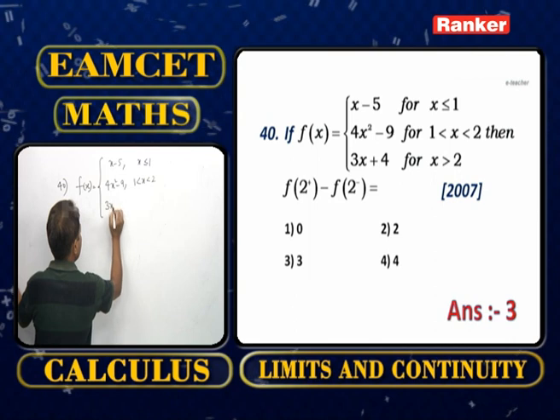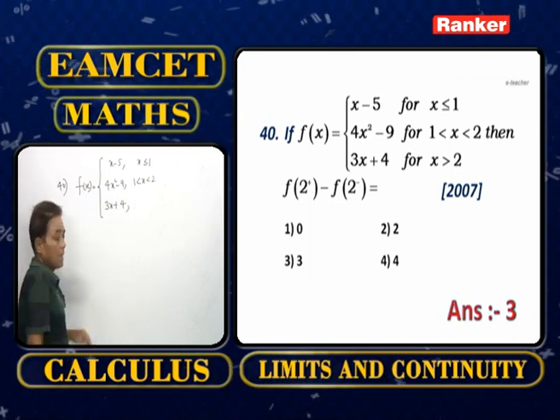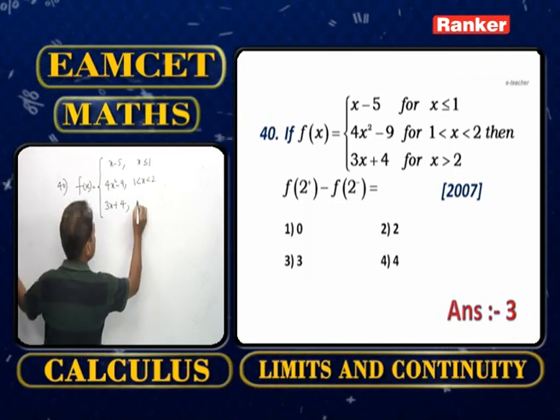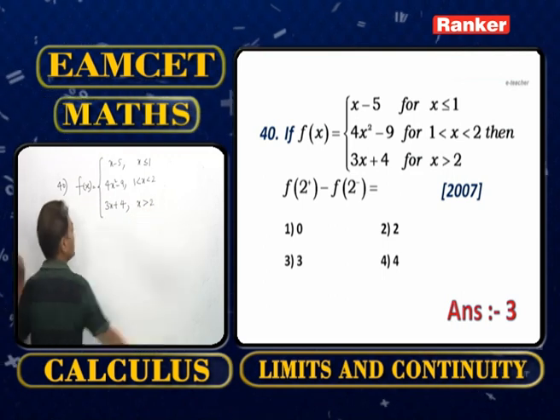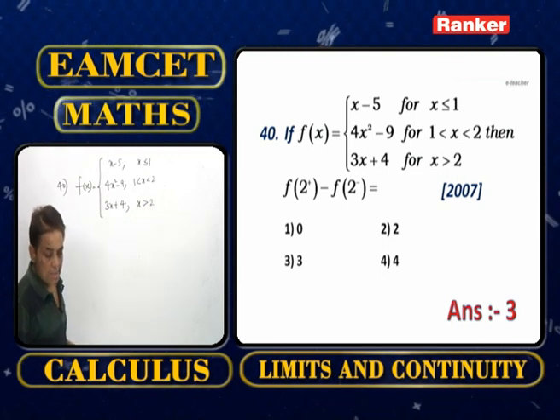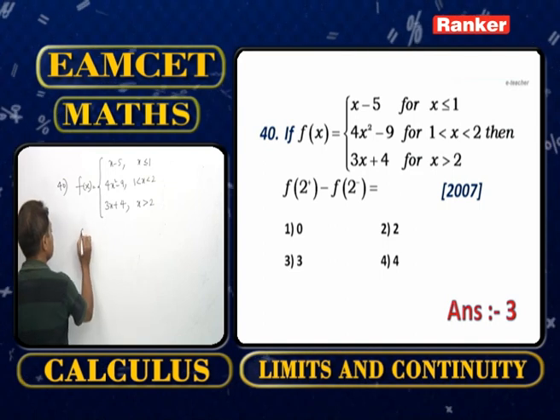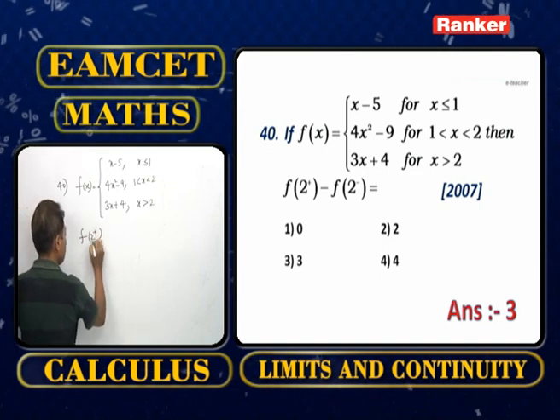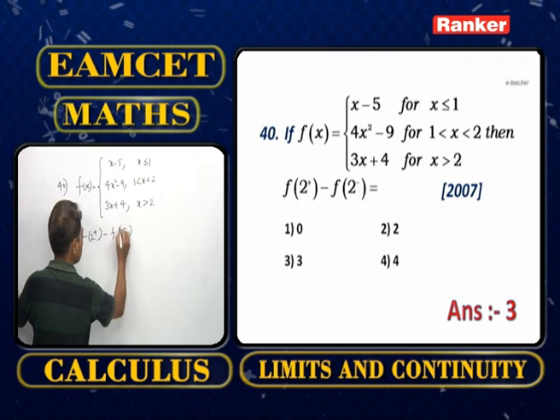Now, one more definition, 3x plus 4 when x is greater than 2 is given. Now, what is f of 2 plus minus f of 2 minus?